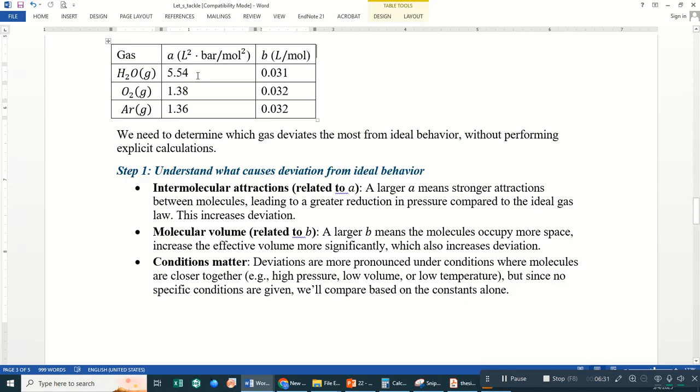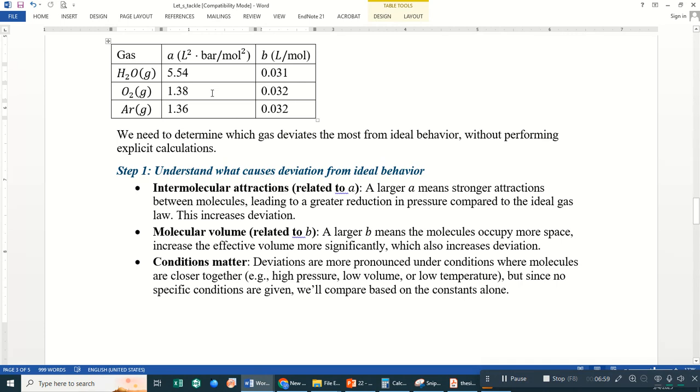The greater the value of a, the greater the deviation from ideal behavior. The less the value of a, the less the deviation from ideal behavior. The same concept applies to b: the greater the value of b, the greater the excluded volume, which means there is a greater extent of deviation.